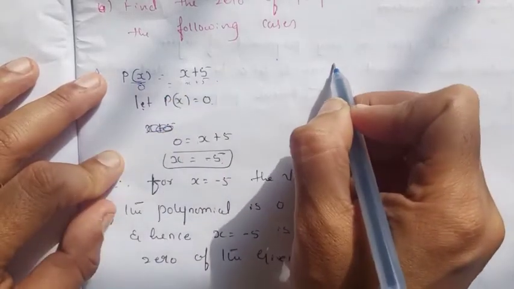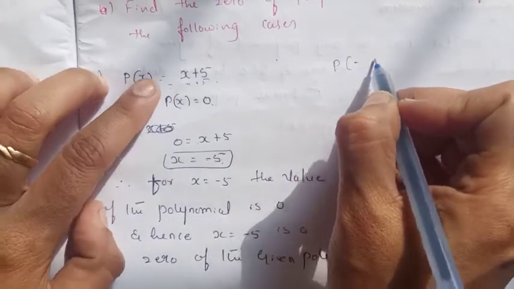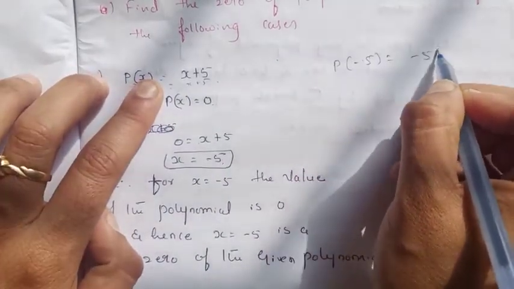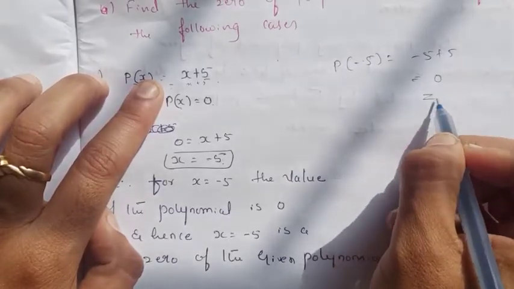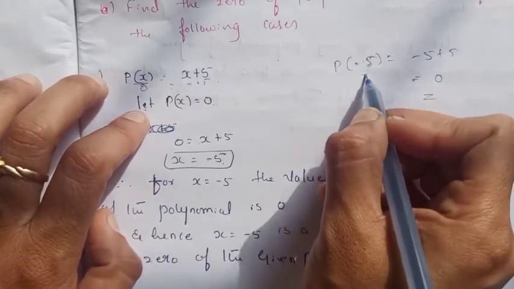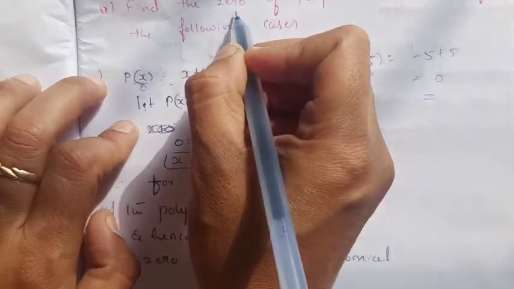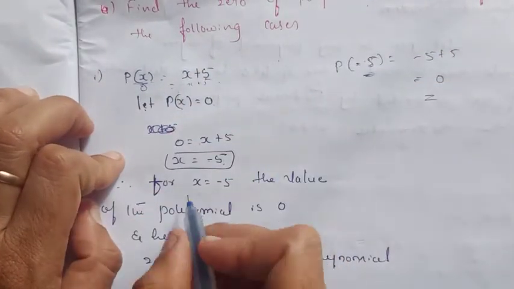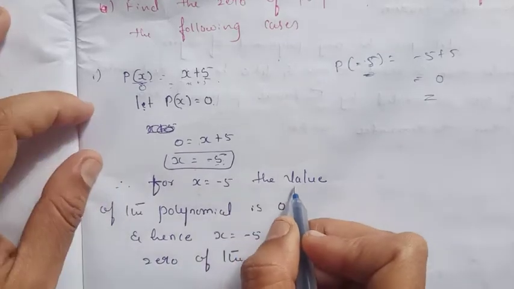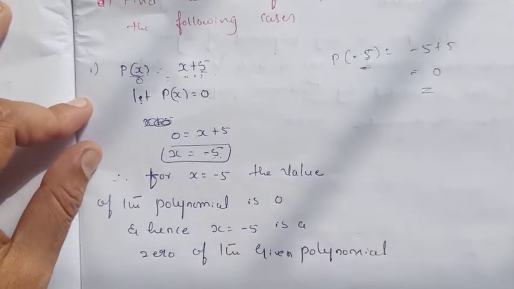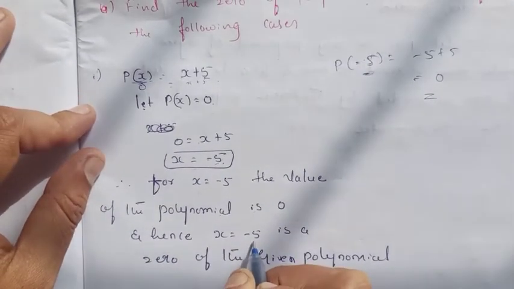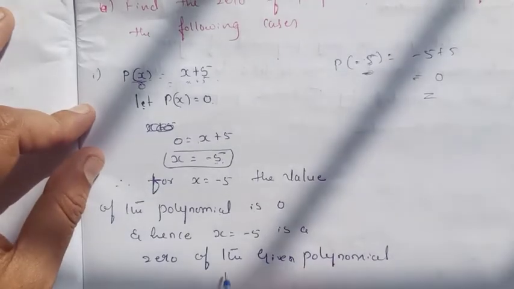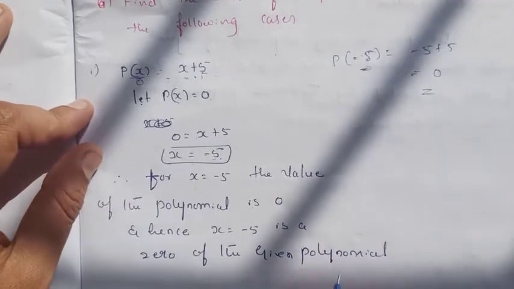When I substitute minus 5 in the place of x, we get 0. So minus 5 is the value of the variable to get 0 of the polynomial. So x equal to minus 5, the value of the polynomial is 0, and hence x equal to minus 5 is a 0 of the given polynomial.